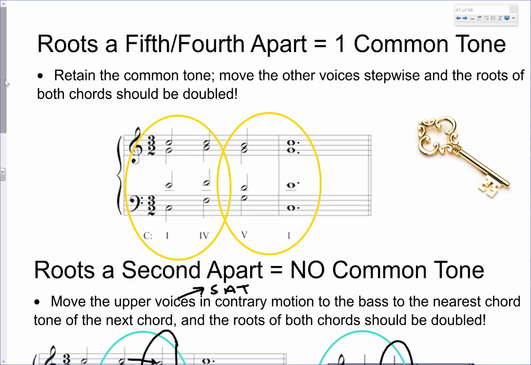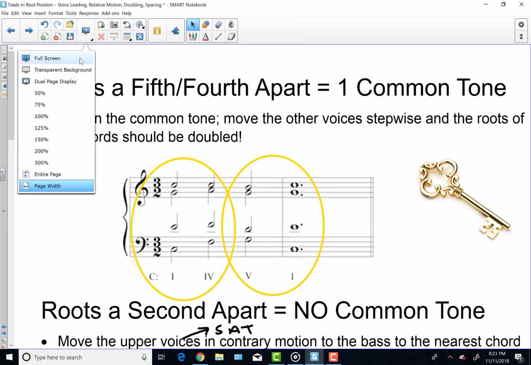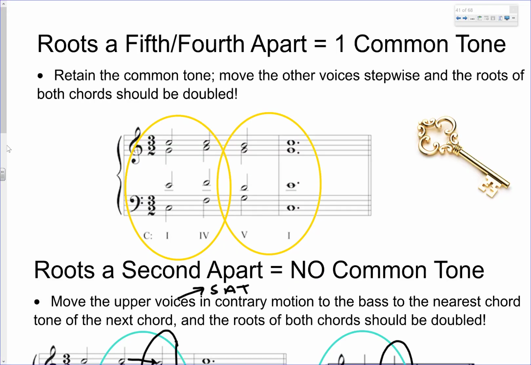Okay, so let's take a moment and review the two principles that we've already learned so far before we learn one more. Our first principle is that when you have roots a fifth or a fourth apart, there is one common tone that exists between the chords. Retain the common tone in the same voice while moving the other voices stepwise, and the roots of both chords should be doubled.